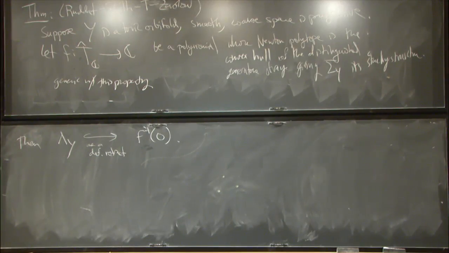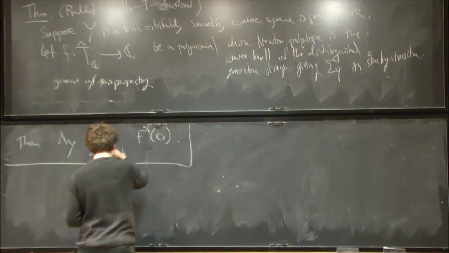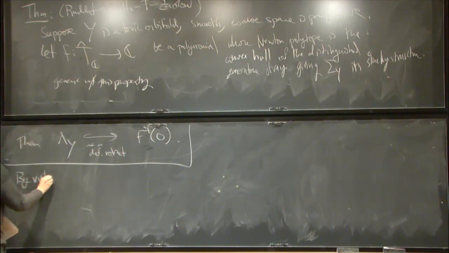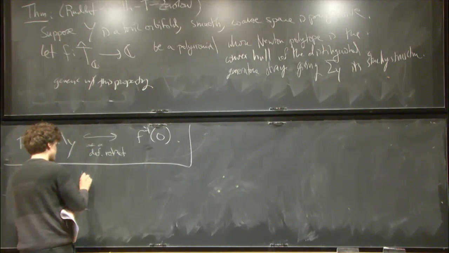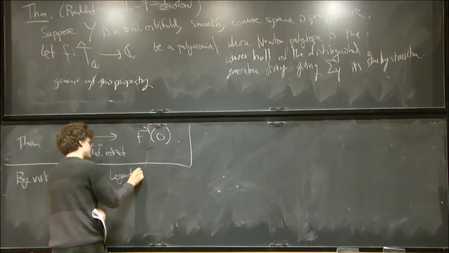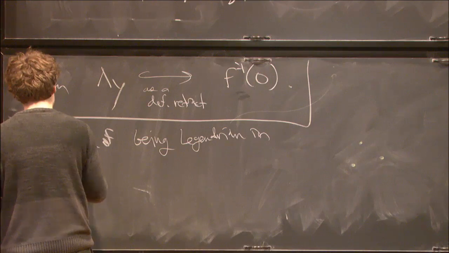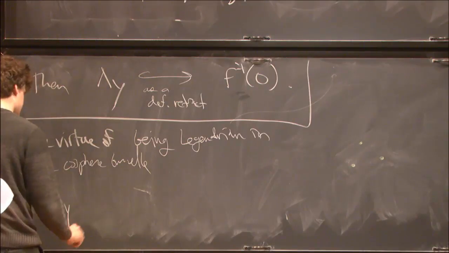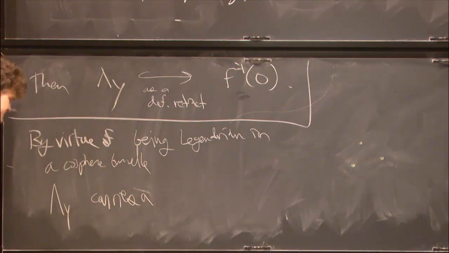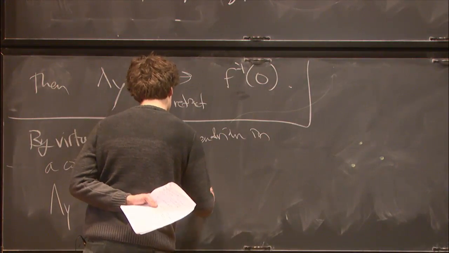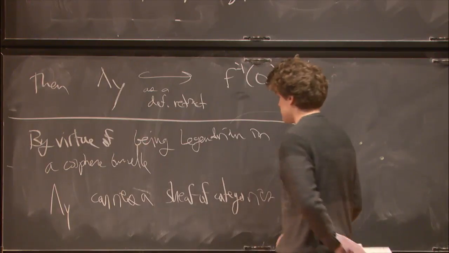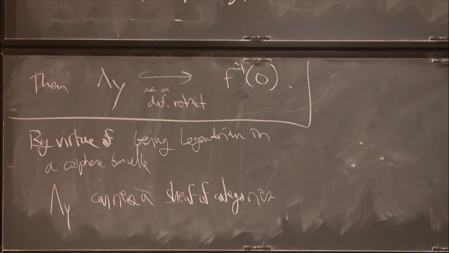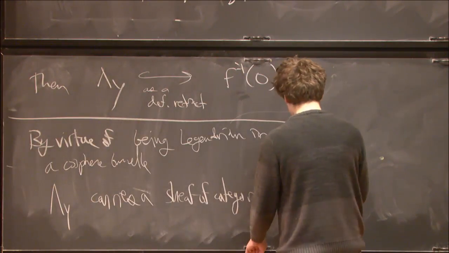By virtue of being a Legendrian in a co-sphere bundle, this lambda sub Y carries a sheaf of categories, the Kashiwara-Shapira sheaf.